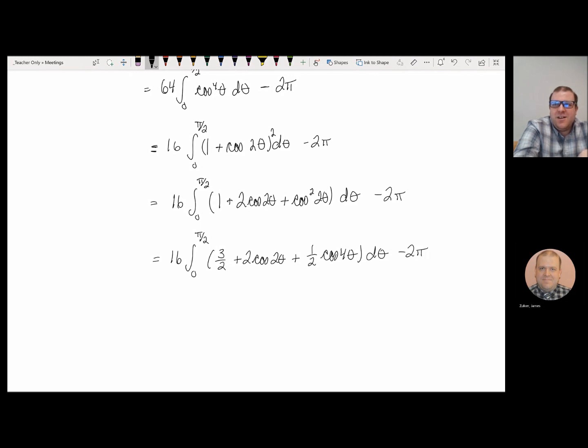Because what does it mean to be periodic? For instance, cosine is 2 pi periodic, right? That means cosine of 0 and cosine of 2 pi are the same. Specifically, cosine of theta and cosine of theta plus 2 pi are identical. That's true of all periodic functions. If it's n periodic, f of a and f of a plus n are identical. That is why the integral is 0.